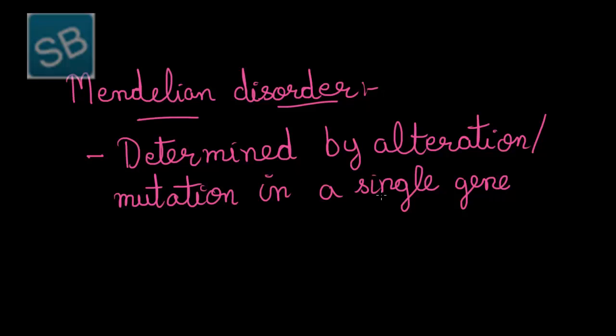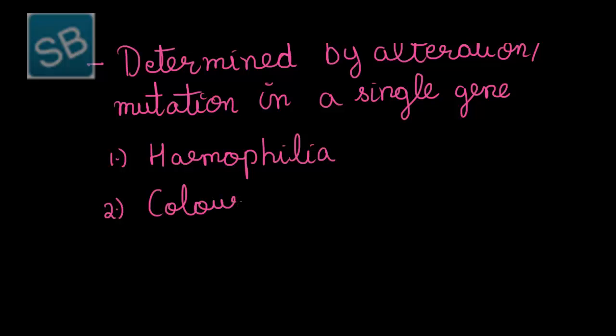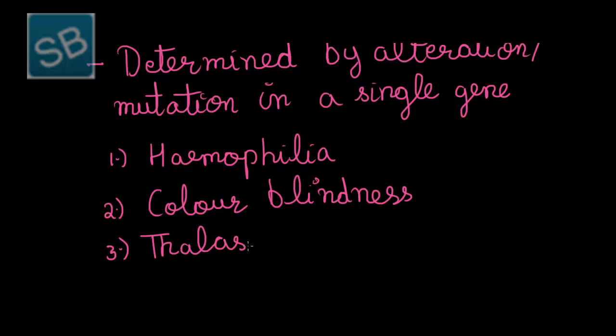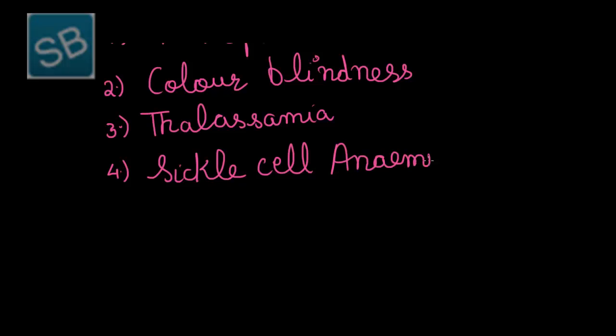However, there are various types of Mendelian disorders, but here our focus will be mainly on 4 types: hemophilia, color blindness, then thalassemia, and 4th, sickle cell anemia. So let us begin our study with the first disorder, that is hemophilia.